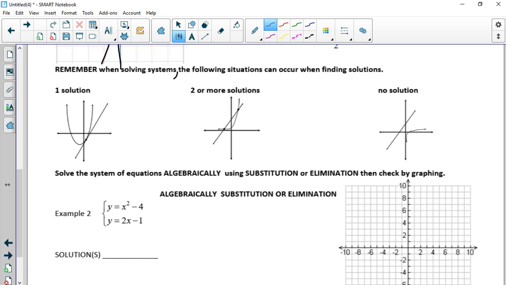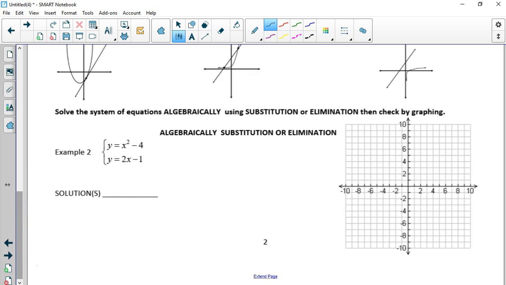Here we have an exponential growth and a line, a linear equation passing through it, hitting it at two spots, two solutions. Or we could have something like the third example where we have a logarithmic equation and a line that's never going to hit it anywhere, and therefore we have no solution.